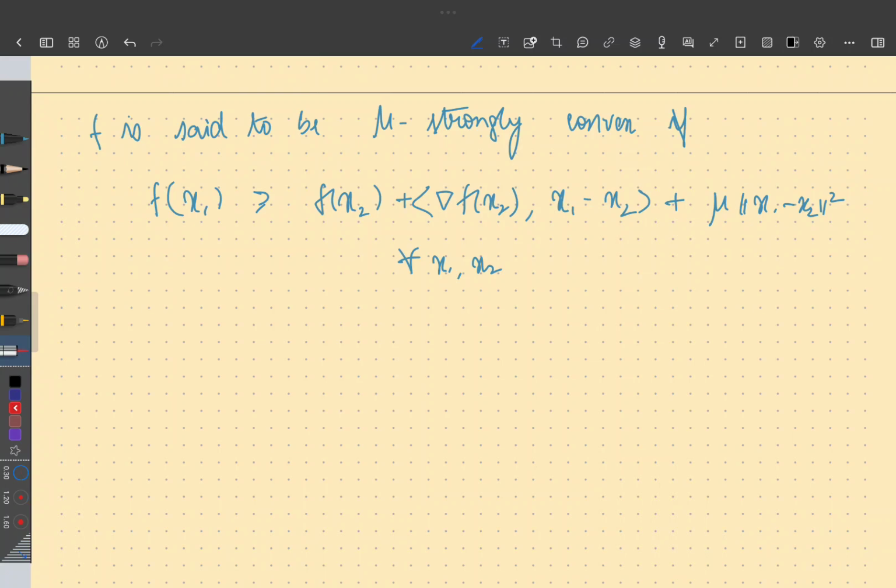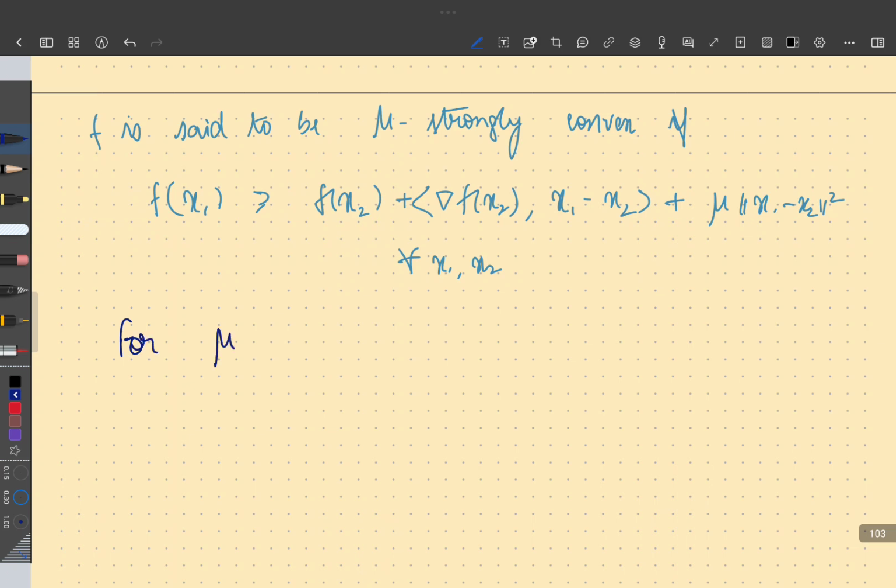The advantage of having strongly convex functions is that you can now have better rates of convergence than what you would have using just a standard convex function. I will not specifically look at the exact rates of convergence for strongly convex functions, but it turns out that there is a good choice of the step size or the learning rate.